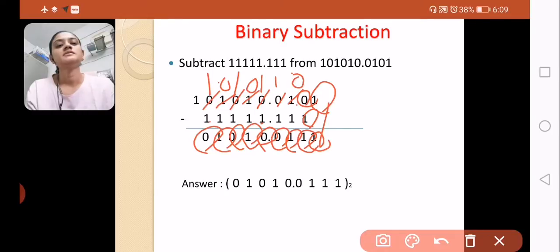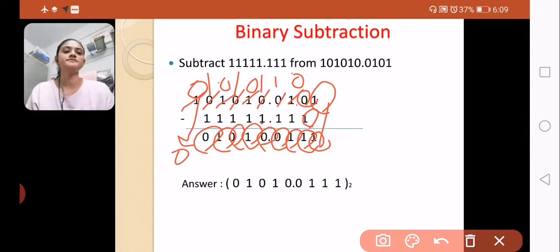And lastly take a borrow, so that 0 will be here. If you don't write it, that will be fine. Okay, so in this manner this subtraction is processed, right?